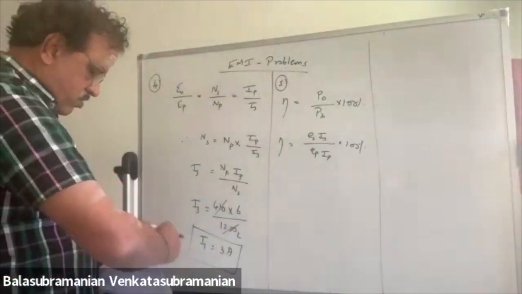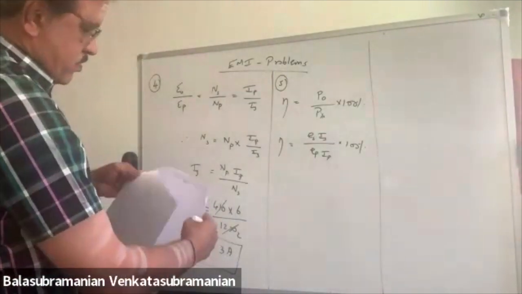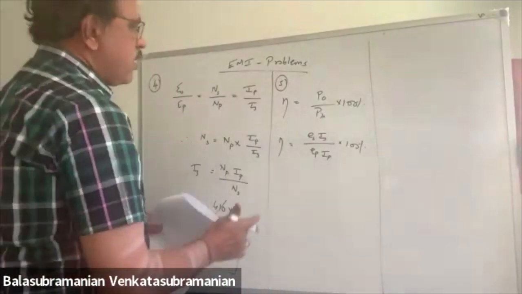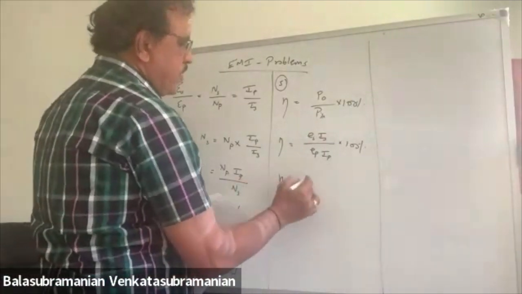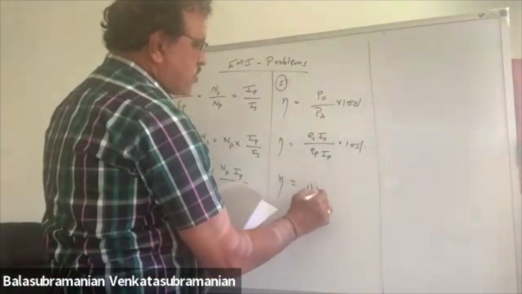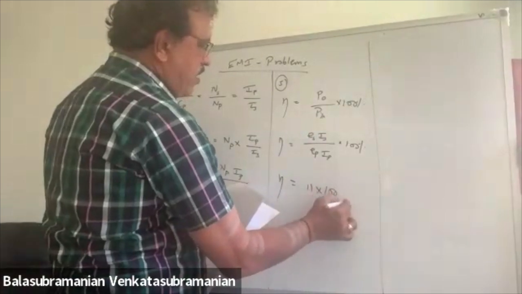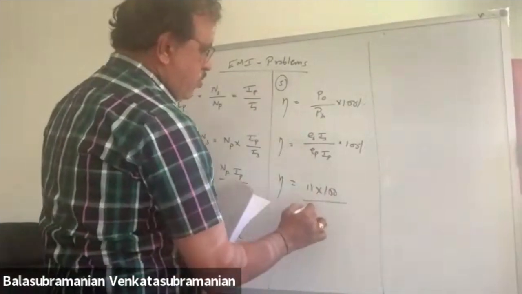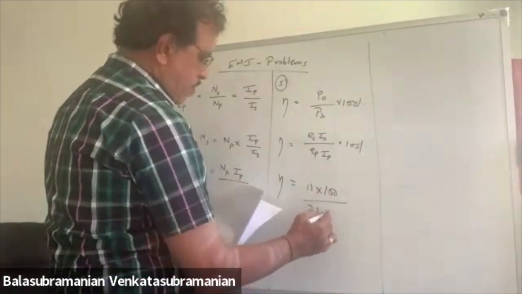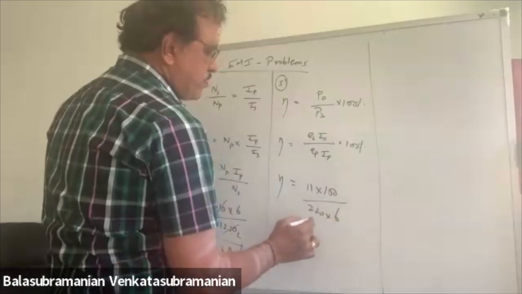So the value of eta: ES is 11 volts, IS is 100 ampere, EP is 220 volts, IP is 6 ampere.